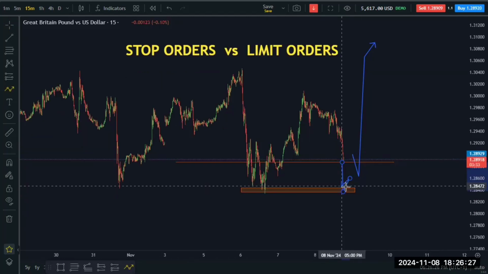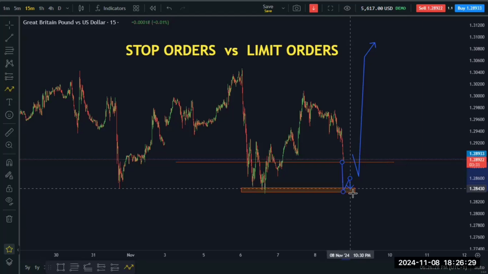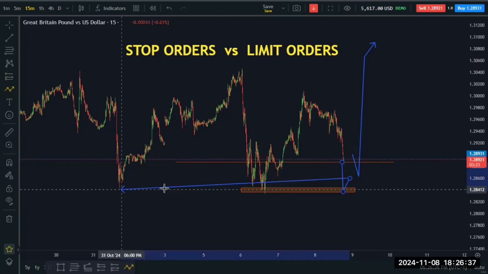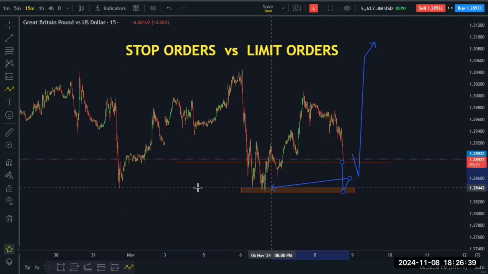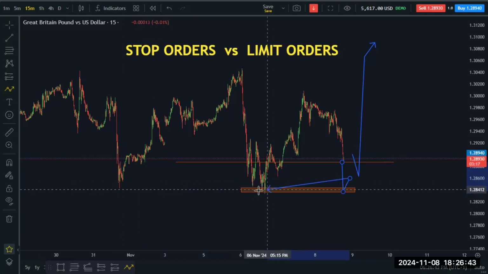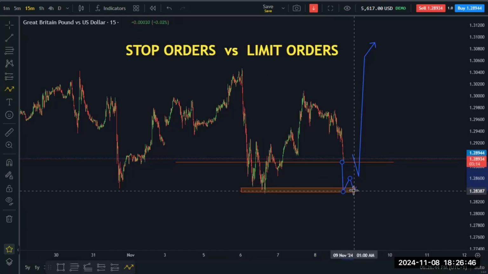Whereas for those that are using stop orders, they are anticipating that a major point of support, or a demand zone as some may call this point, where price seems not to pass, is called a support level. They think that is going to be broken.